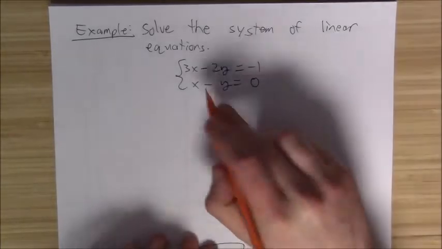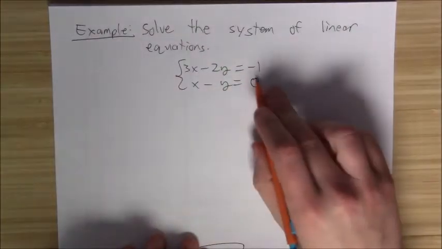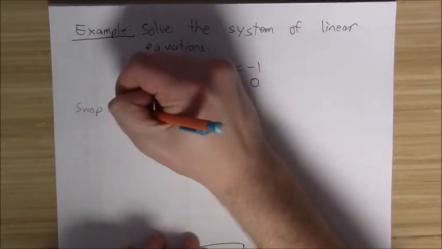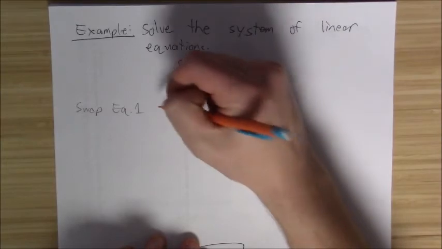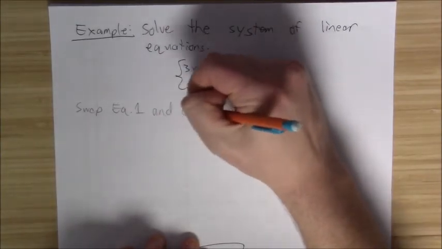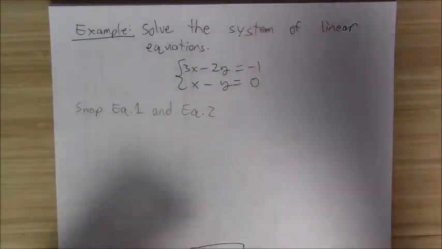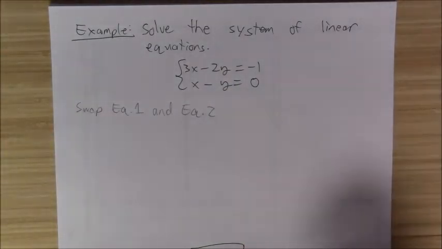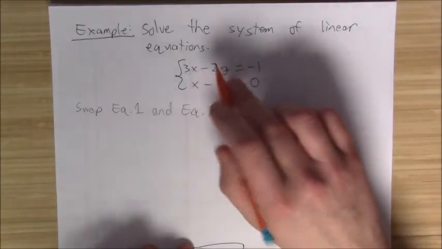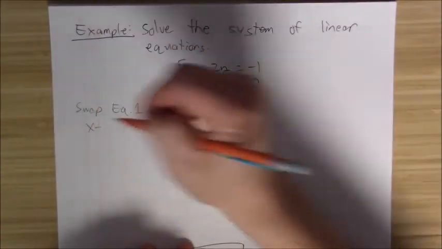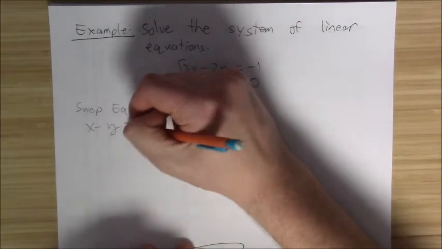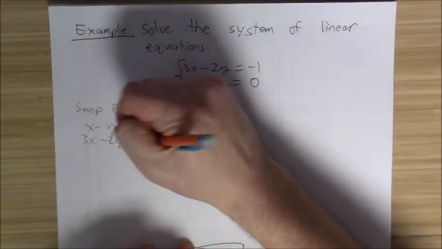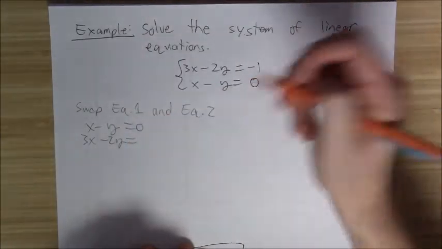First, starting with this system, I'm going to swap equation 1 and equation 2. This was interchanging, or swapping, the equations, the first row operation we're allowed to do. Doing so, we end up with the system x minus y equals 0, and the bottom equation, which is 2y equals 0.